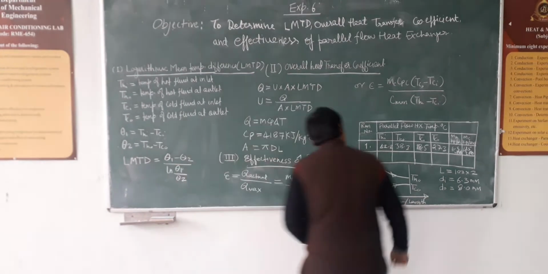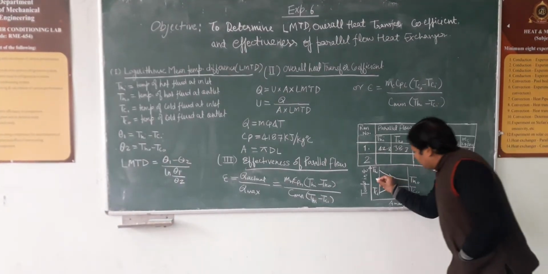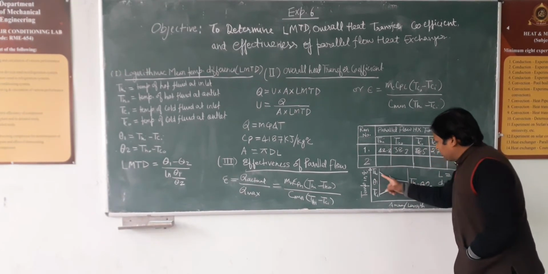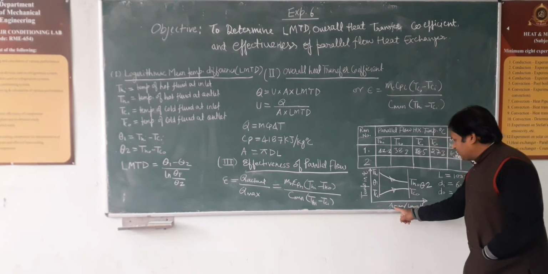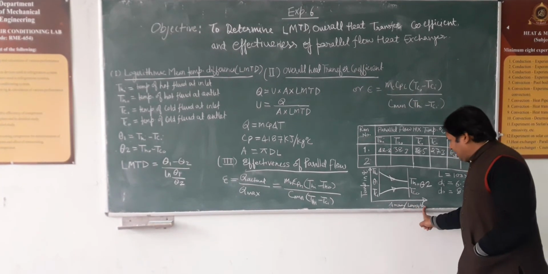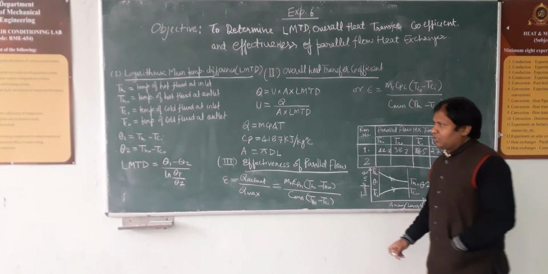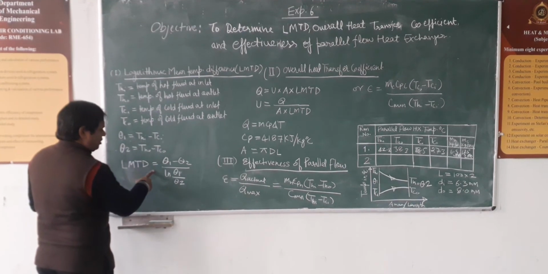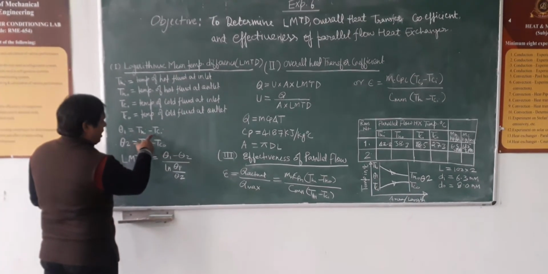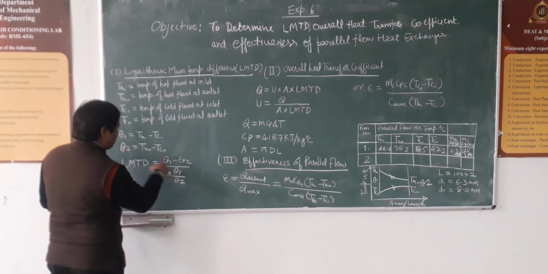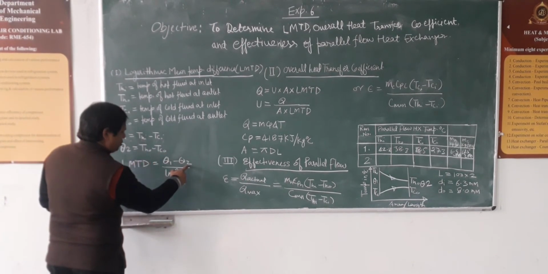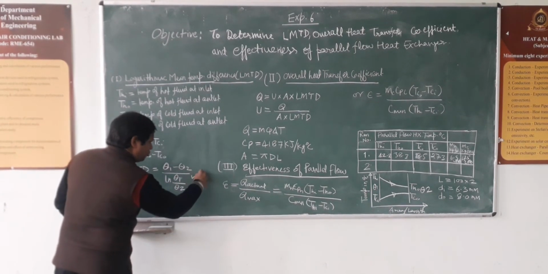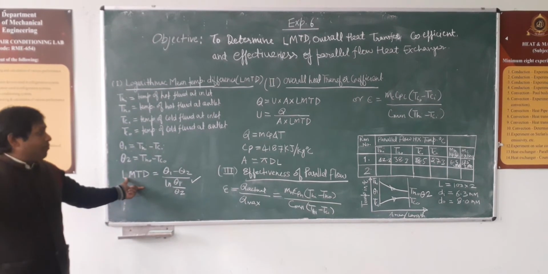You can see here, this is theta 1 and this is theta 2, and this is parallel flow. On the abscissa there is area or length, and on the ordinate there is temperature. How will you calculate LMTD? You will put THI minus TCI minus TH naught minus TC naught over ln theta 1 upon theta 2. If you put in the values, we will get the LMTD for the parallel flow.